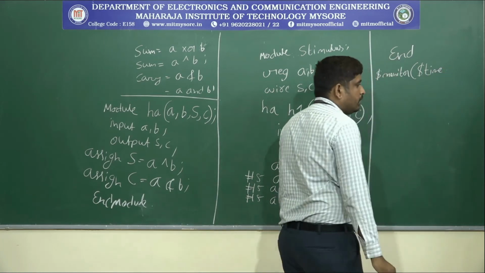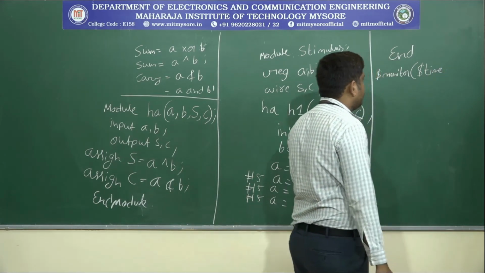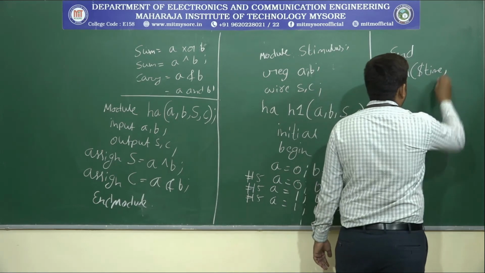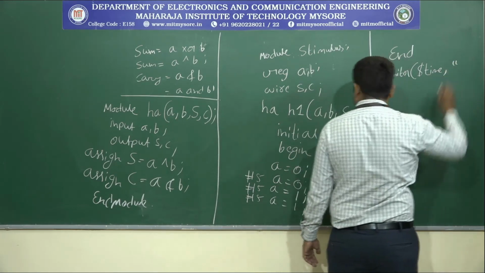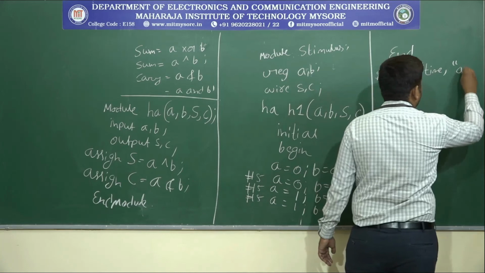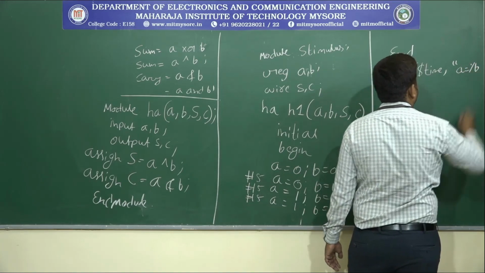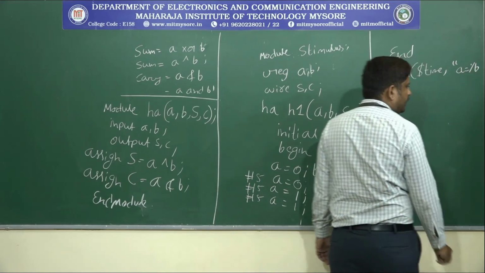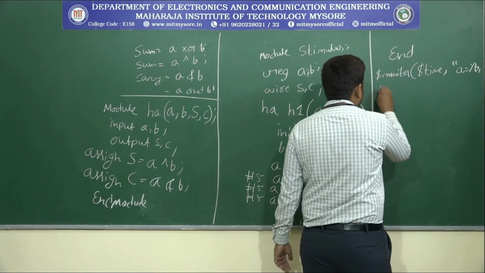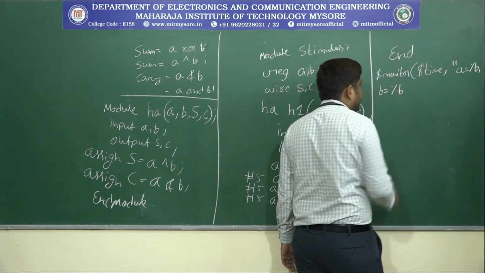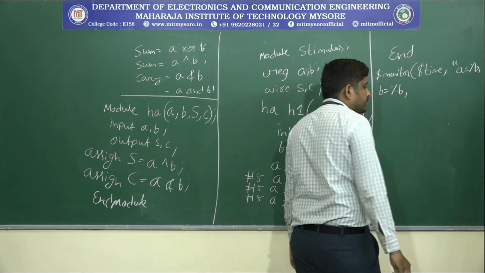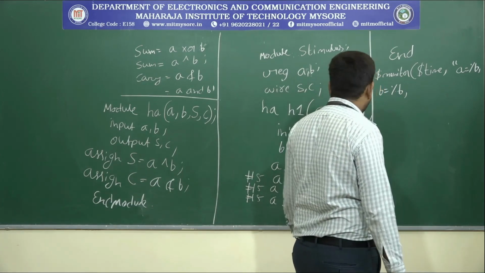After this you have to mention the inputs. You have to write in double quotes A is equal to percentage b, which indicates it's binary, then B is equal to percentage b, again binary. Then after this we have to display the outputs here.